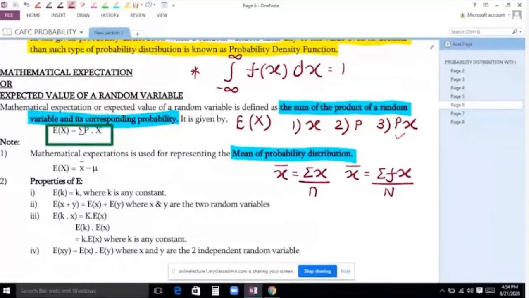And यहाँ पे बड़ा एक correction है, E of x which is used for representing mean x bar, and this x bar is equal to mu है minus mu नहीं, it is equal to mu.